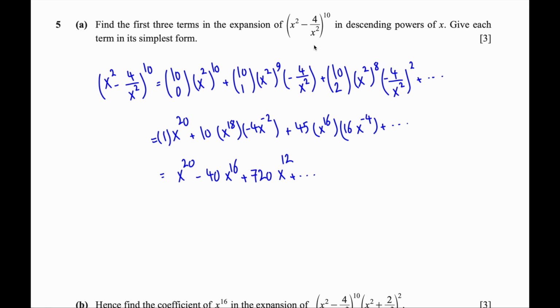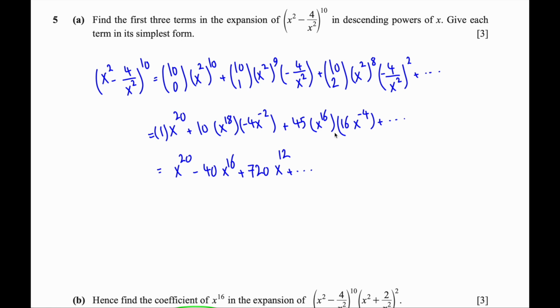Question number 5. I have to find the first three terms of this binomial in descending powers of x. Well, this is quite an easy task if you remember the formula for binomial expansion.